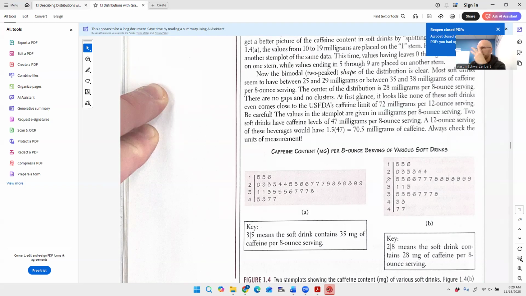So you cannot split tens into thirds or fourths. Okay? Does that make sense? And what this shows us is the general shape of the distribution. This one shows it a little better.